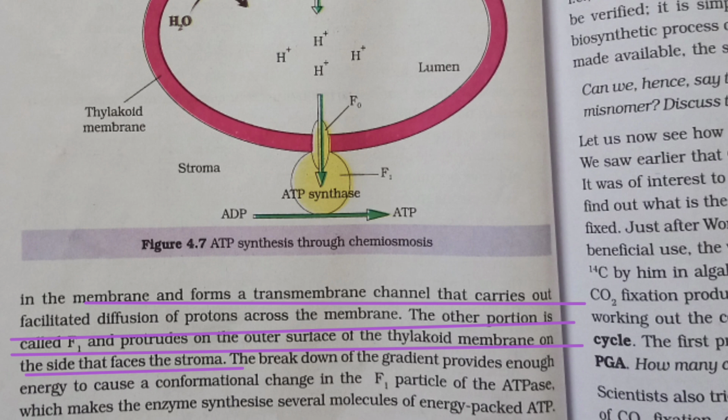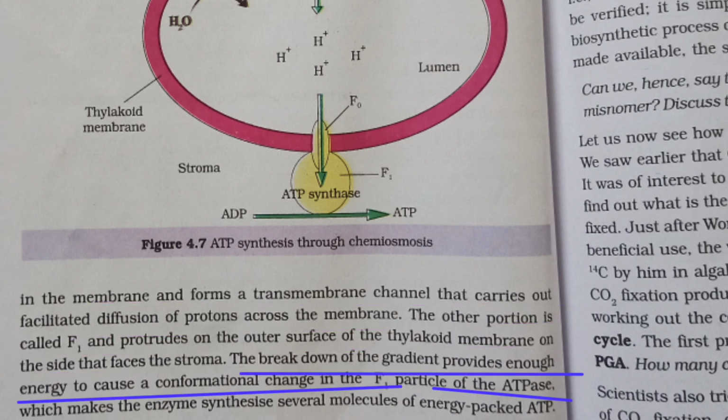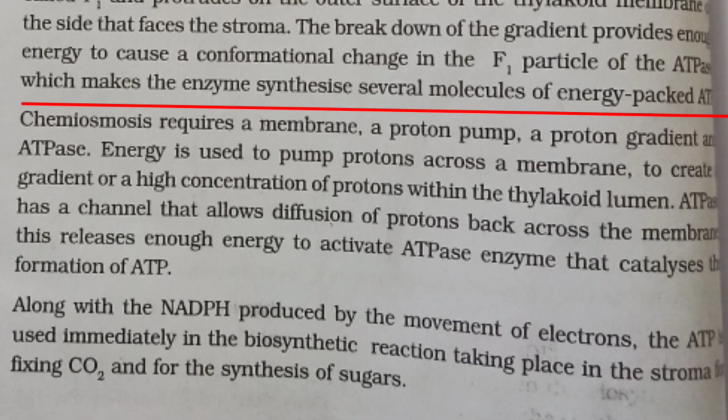The other part is called F1 and protrudes on the outer surface of the thylakoid membrane on the side that faces the stroma. The breakdown of the gradient provides enough energy to cause a conformational change in the F1 particle of the ATPase, which makes the enzyme synthesize several molecules of energy-packed ATP.